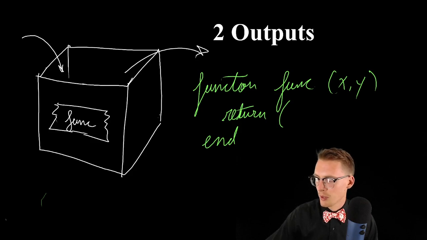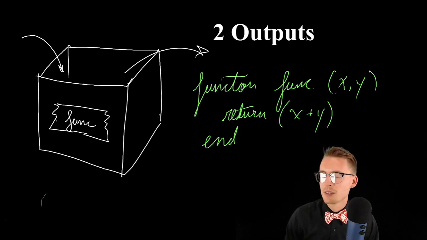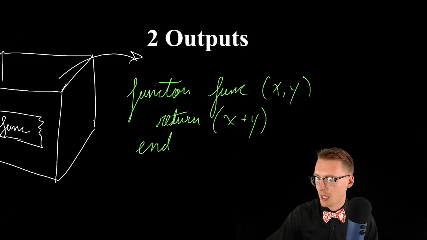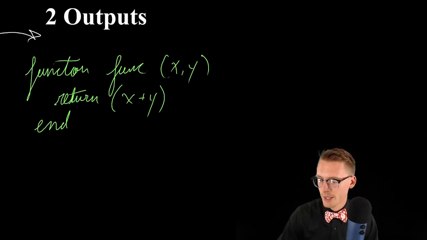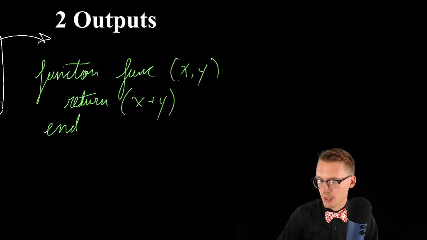We're going to do open parentheses x plus y, and then close it with a close parentheses. So what this is going to do is it's going to return x plus y. Nothing too fancy, just to demonstrate the application of this, right? And so that's the definition of our function.